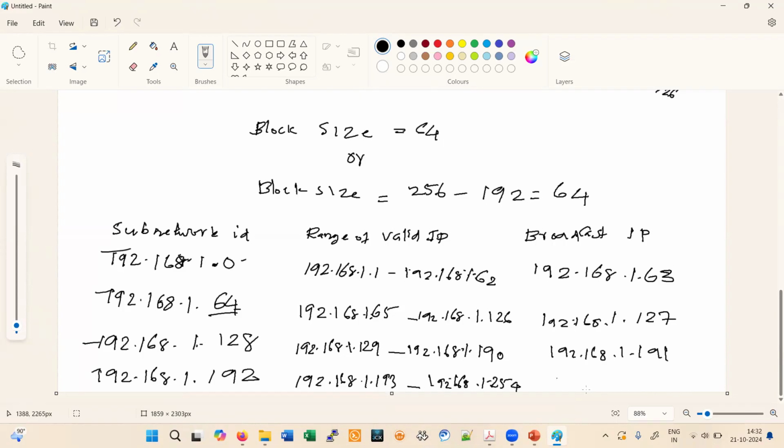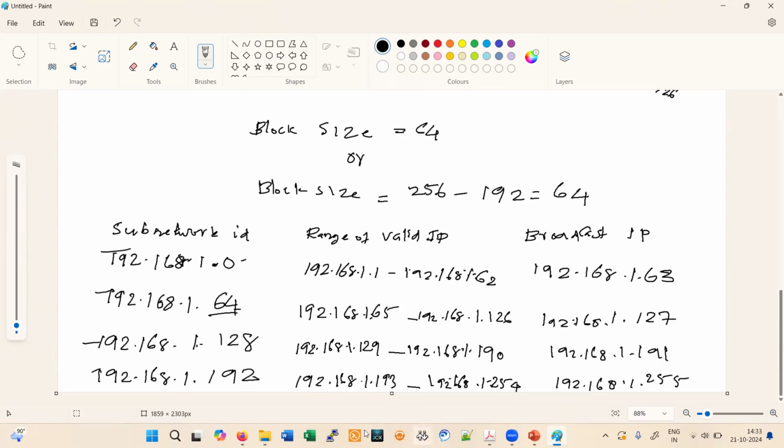The last one is the broadcast, 255. So this is how we can find the subnetwork ID, the range of valid IPs, and the broadcast IP of each network.